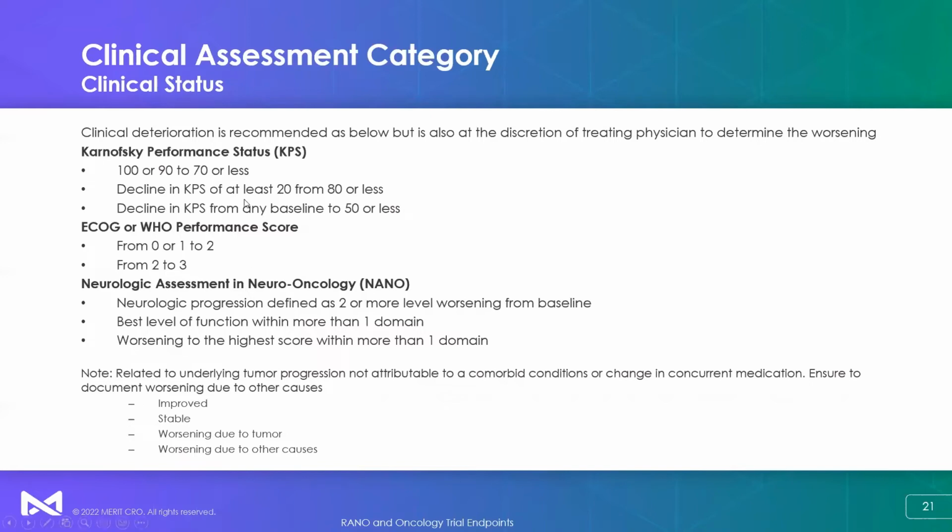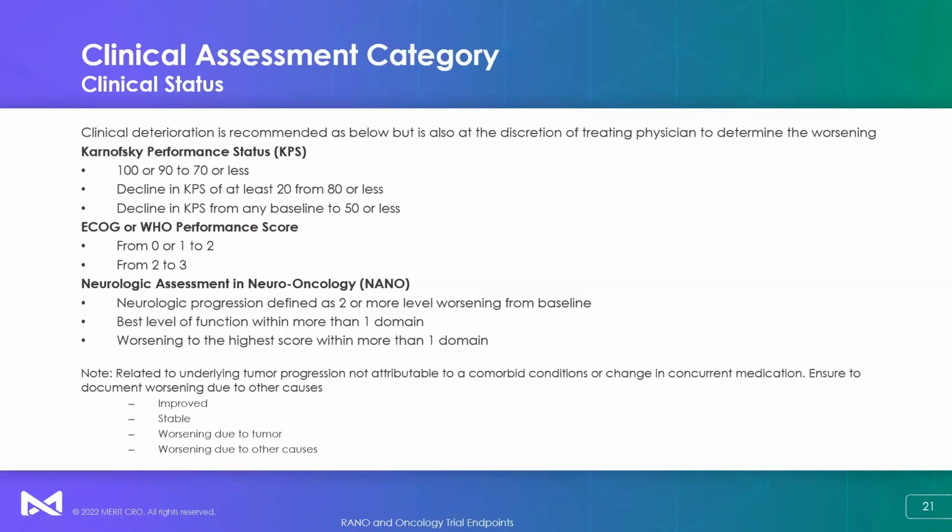A few assessment methods are recommended for RANO: Karnofsky performance status, ECOG, or WHO performance status. Changes in these scores would indicate progression or worsening of the subject, which can lead to a progressive disease assignment.